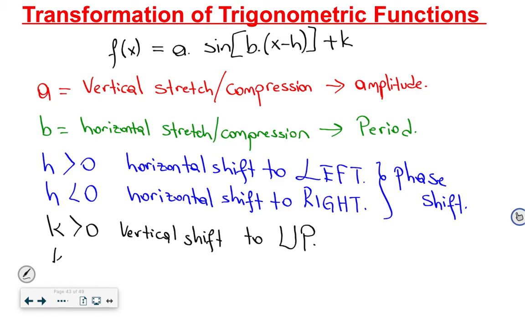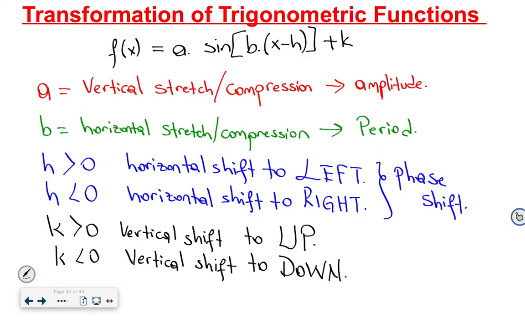If k is less than 0, then this is going to become a vertical shift k units down. Alright, this is basically what transformation of the trigonometric function is.